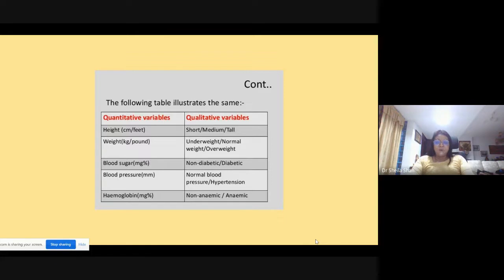Qualitative: how short, how medium, how tall, underweight, overweight, normal weight, diabetic, non-diabetic, normal blood pressure, hypertension, anemic and non-anemic. So these are examples of variables which can be quantitative or qualitative.